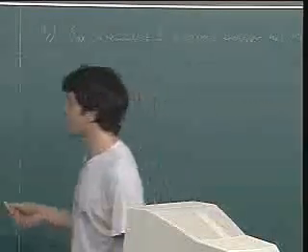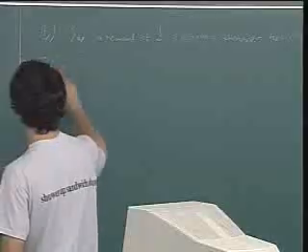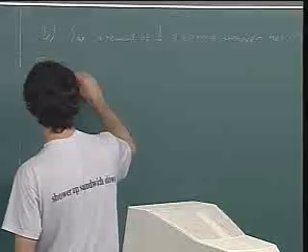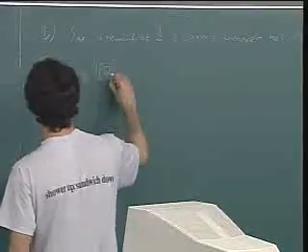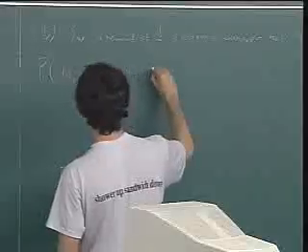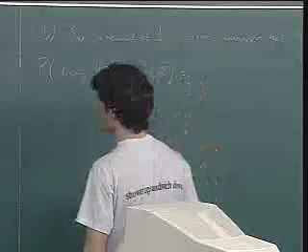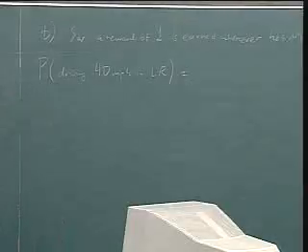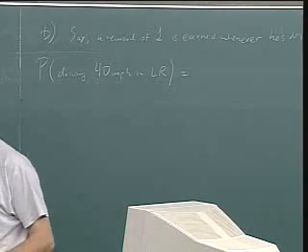So now again, the probability of driving at 40 miles per hour in the long run will again be the expected reward per cycle divided by the length of the cycle.